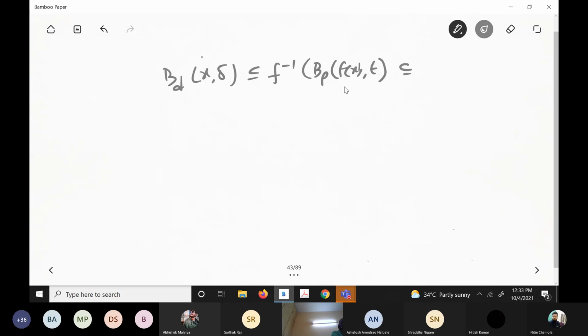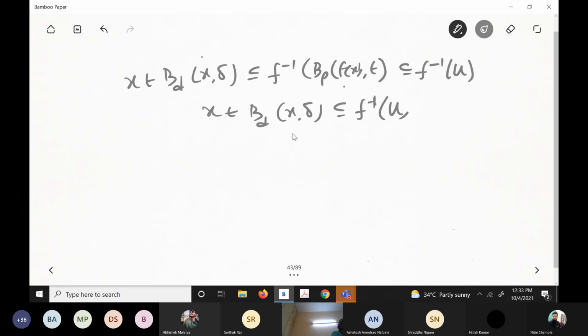But this is contained in U, so that this will be contained in f inverse U. But x was here, so forget about this fellow. That means you are getting this. That exactly I needed to show, that each point of f inverse U is an interior point, so that f inverse U is open.